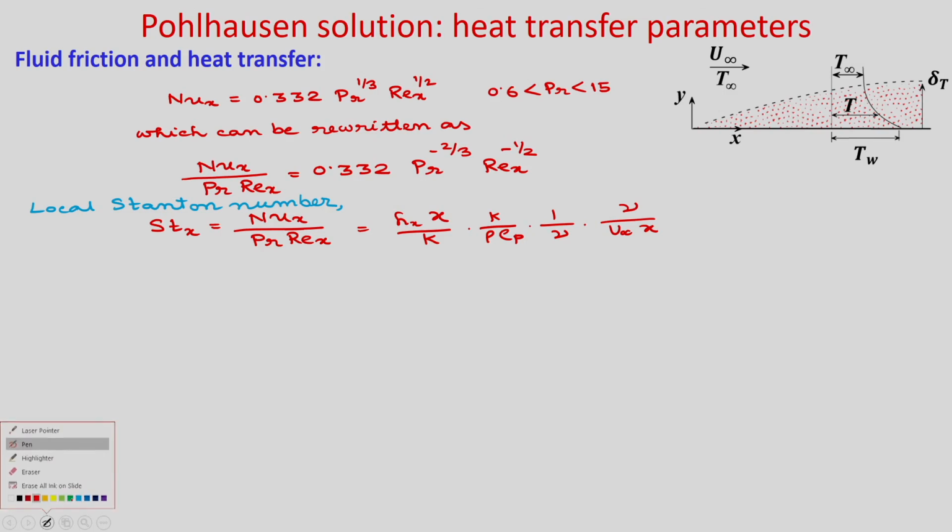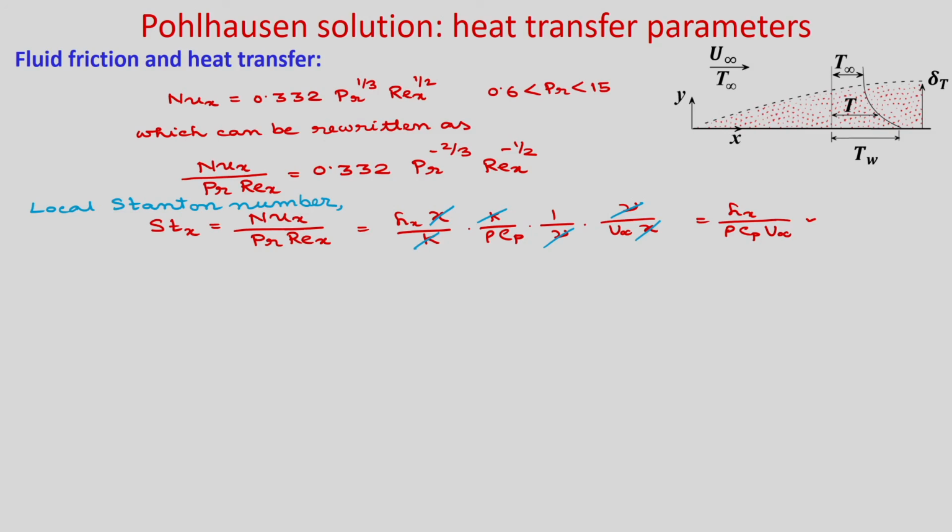From here you can rearrange it, and you can write it as h x by rho Cp u infinity. So, you can see the local Stanton number is given by this relation, h x by rho Cp u infinity.